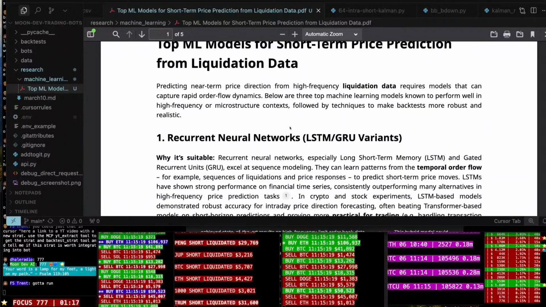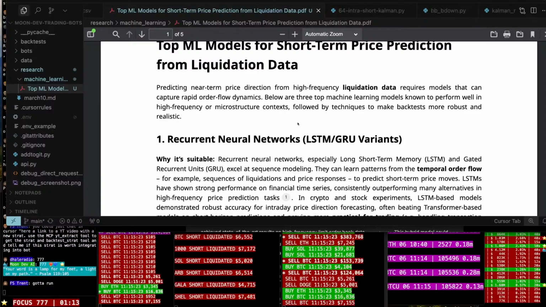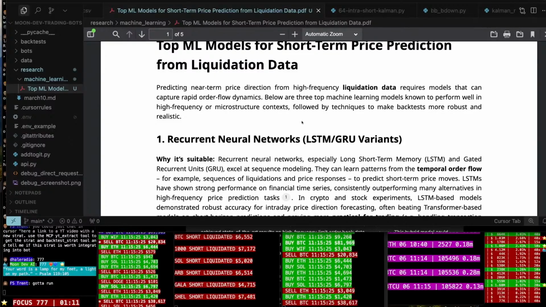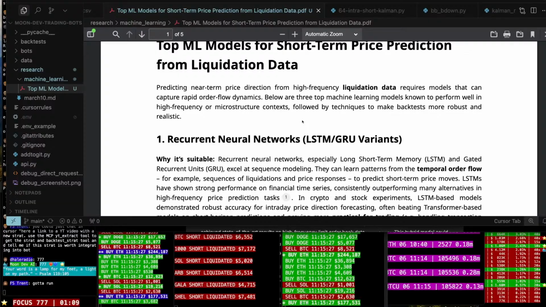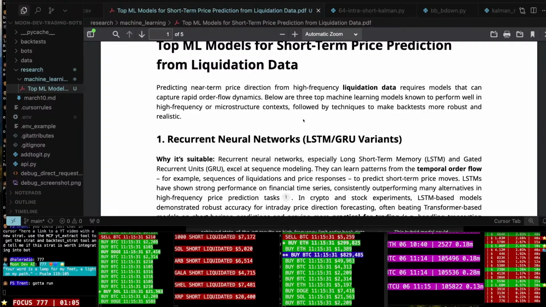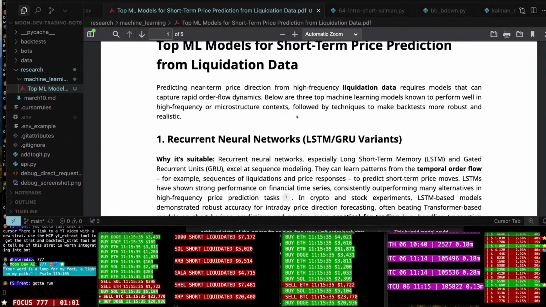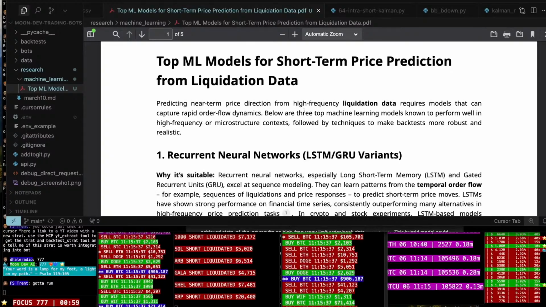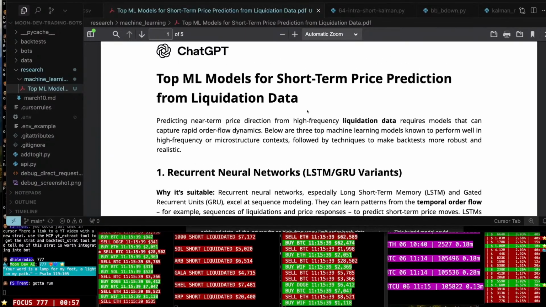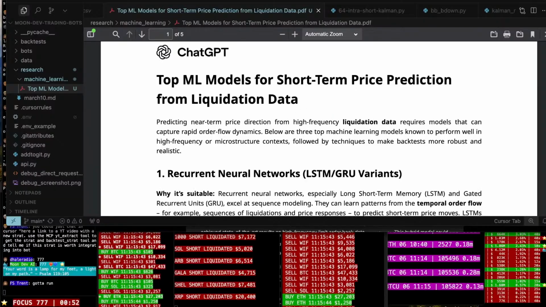Predicting near-term price direction from high-frequency liquidation data requires models that can capture rapid order flow dynamics. Below are the 3 top machine learning models known to perform well in high-frequency or microstructure contexts, followed by techniques to make backtests more robust and realistic.